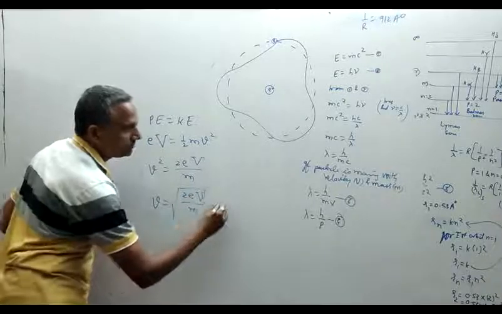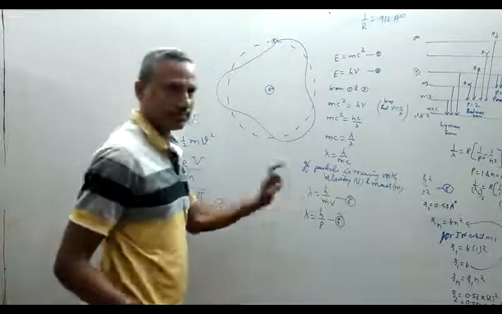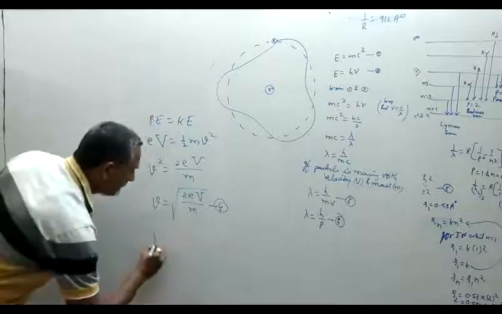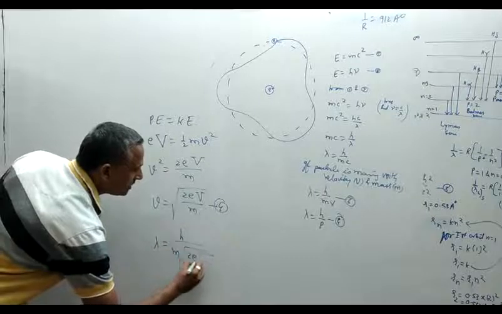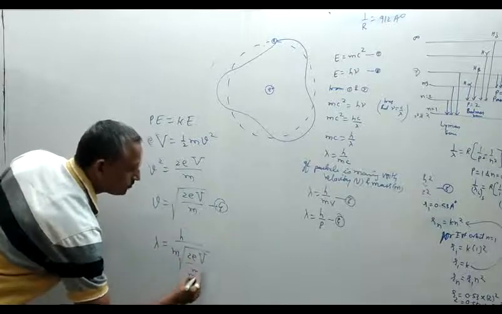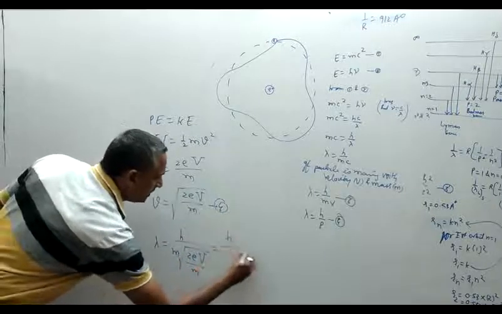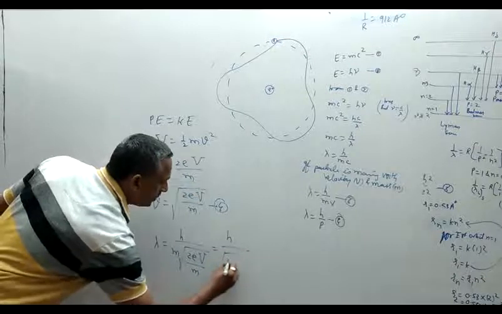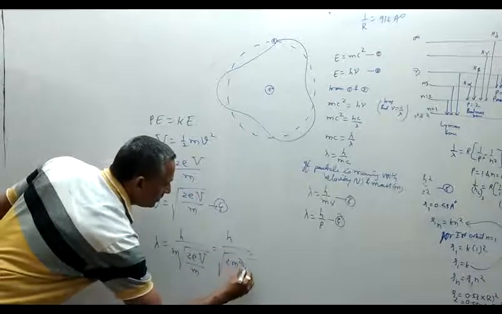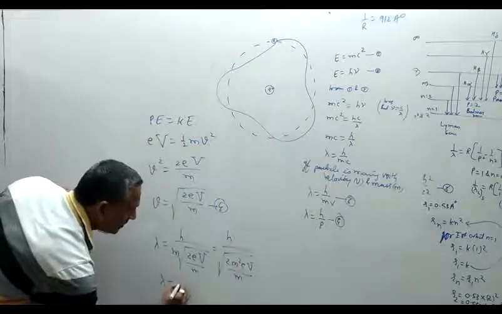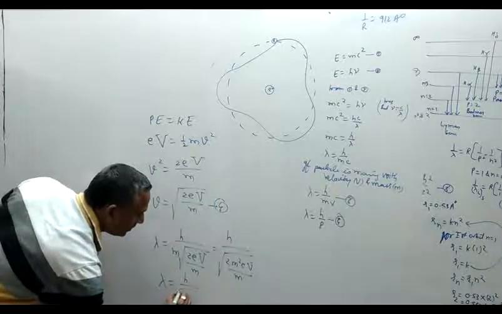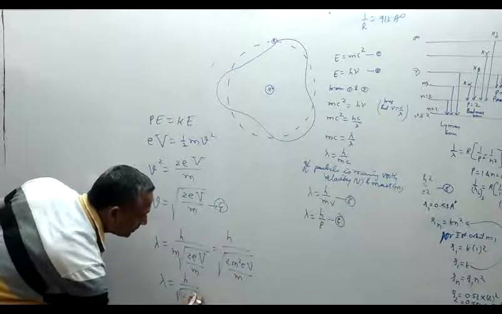Put this value in equation 3. So therefore lambda is equal to h upon m under root of twice eV upon m. Now rearrange this equation: h upon under root of twice m eV. So therefore wavelength lambda is equal to h upon under root of twice m eV.